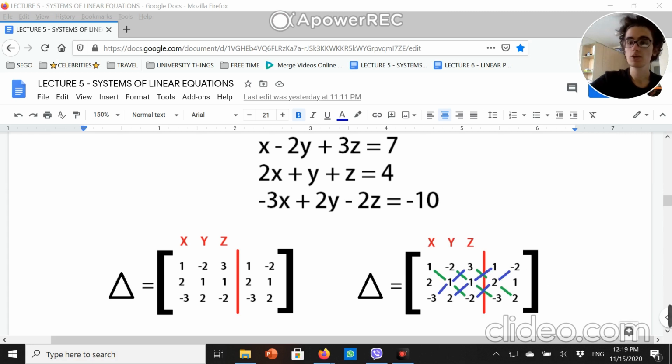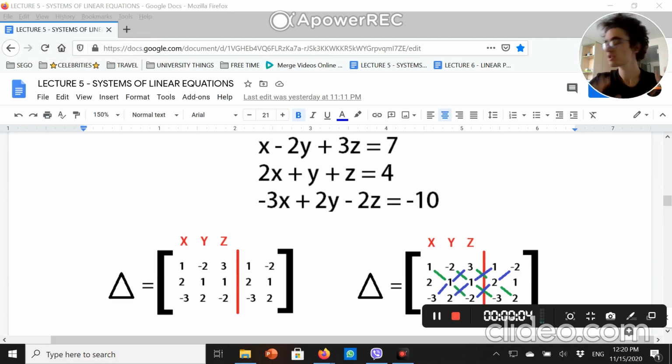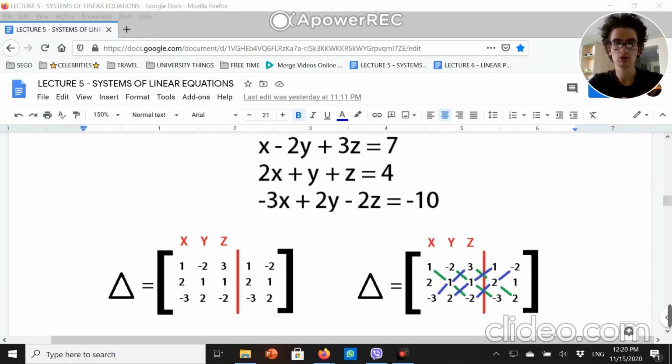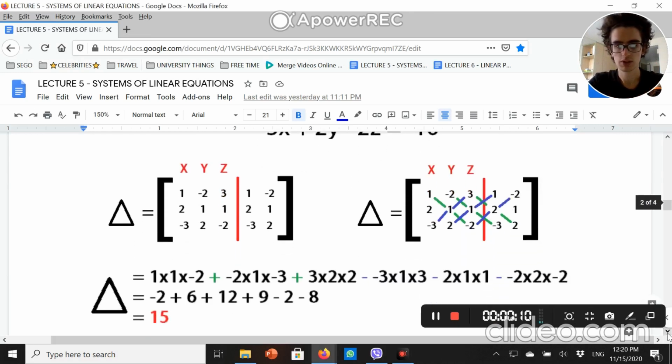Now we're just going to take a look at what signs we use. When we're going from up to down, which is our green line, we add them. When we're going from down to up, we subtract them. So just not to confuse you, let's go straight into solving this delta so that you actually see what I mean. It's really not hard, I promise you.